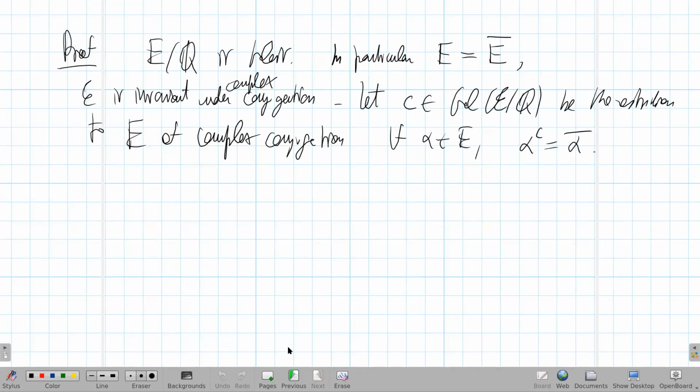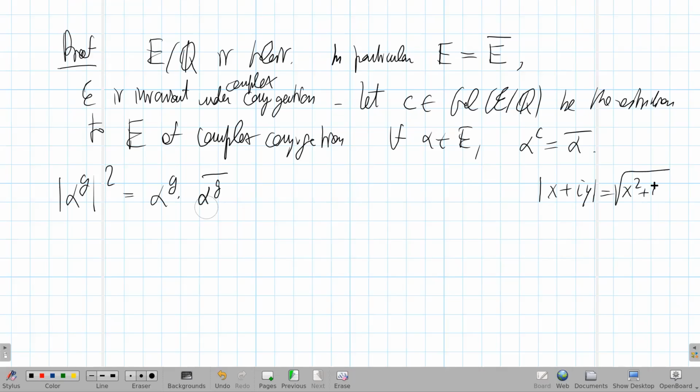So we start with this. What's this? Well, the square is simply the product of alpha to the g times its conjugate. Remember that the norm of x plus iy is the square root of x squared plus y squared, which is the square root of x plus iy times its conjugate x minus iy.